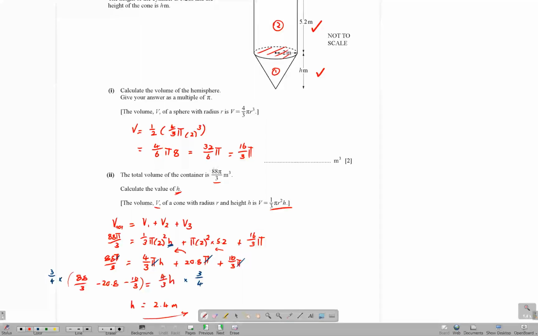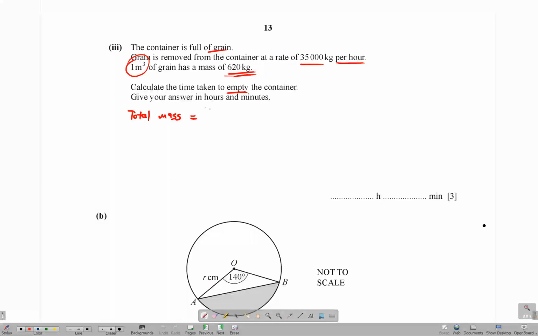My total volume of the container was 88 over 3 pi, or 88 pi over 3, same thing. So 88 pi over 3 multiplied by 620 kilograms. Okay, so let's see. Total mass, I'm putting this into my calculator, and I'm going to use this exact answer when doing my next calculation.